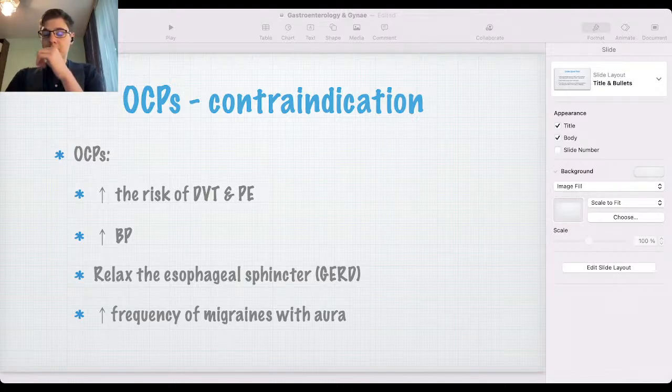So Sadhana says that progesterone causes vasodilation. Okay, this is an interesting perspective. Do we have also other proposals for the mechanism behind it?